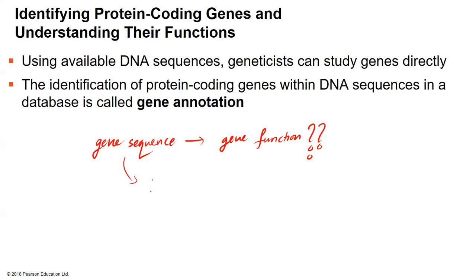So you do something called a BLAST search. A BLAST search is like a Google search, but instead of searching for words, you are searching for a gene sequence. So you put in the gene sequence, and software will compare your gene sequence with gene sequences already stored in the database.